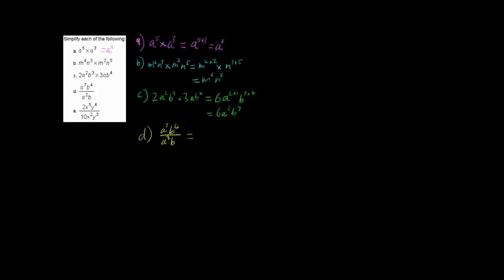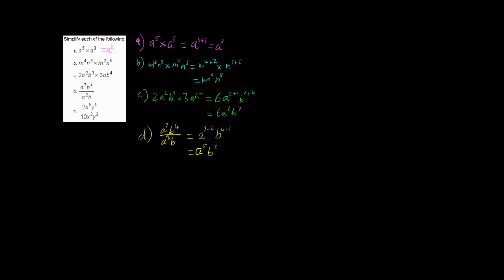So having a look at a, we're going to have a to the 7 minus 2, and b to the 4 minus, remember there's an invisible 1 there, so minus 1. So 7 minus 2 is 5, so a to the 5 times b, 4 minus 1 is 3. So a to the 5, b cubed.